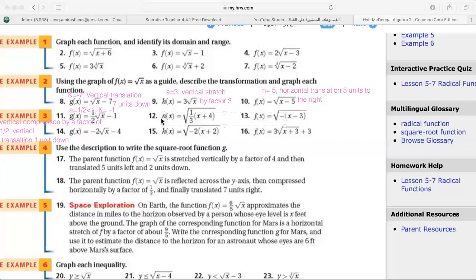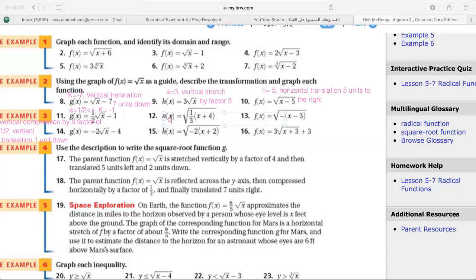Again, here the factor is the reciprocal of 1 over 3. The factor is called b because it is a horizontal stretch or compression. The factor in the horizontal stretch or compression is b. The factor in the vertical stretch or compression is a. So the factor is the reciprocal of the number that I have here, 1 over 3.